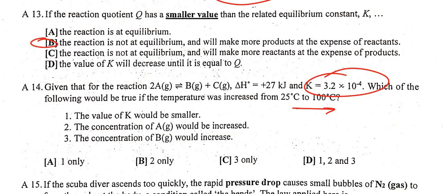Yeah, so here we say the value of K will be smaller, that's false. The concentration of A will be increased? No, A is on the reactant side, it will not increase.